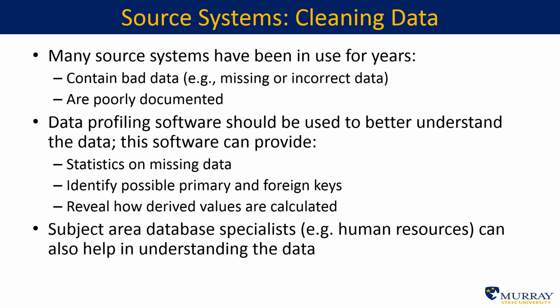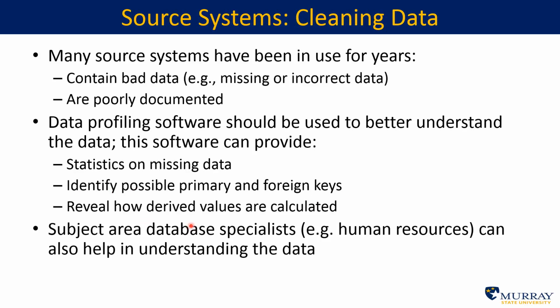Organizations sometimes use the so-called data profiling software to help them understand better their data sources and improve the quality of their data sources. Now, this profiling software can generate statistics on missing data. It can also search for primary and foreign keys to get a better sense of the structure of the data.